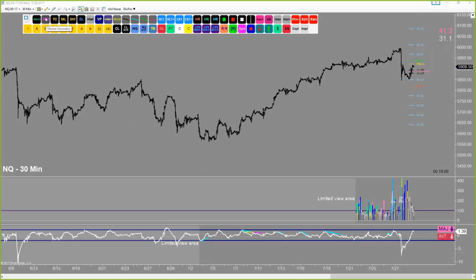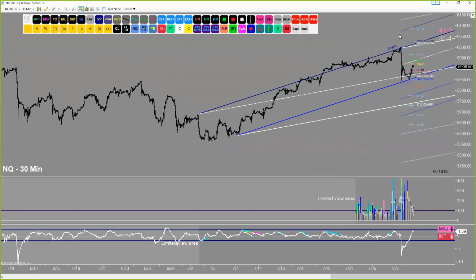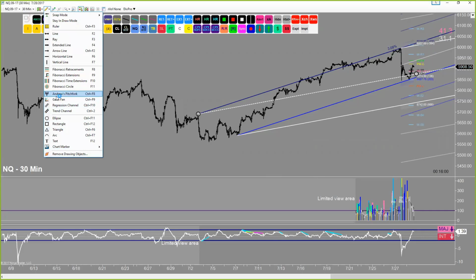So when I'm drawing in, for instance, these are the 5 or 6 market geometry buttons here, and you can customize these and make them look or do exactly what you want them to do. But when I start drawing it, you see it's drawing both the trend channels and the median lines at the same time. For instance, here in NinjaTrader, you have the Andrews pitchfork.